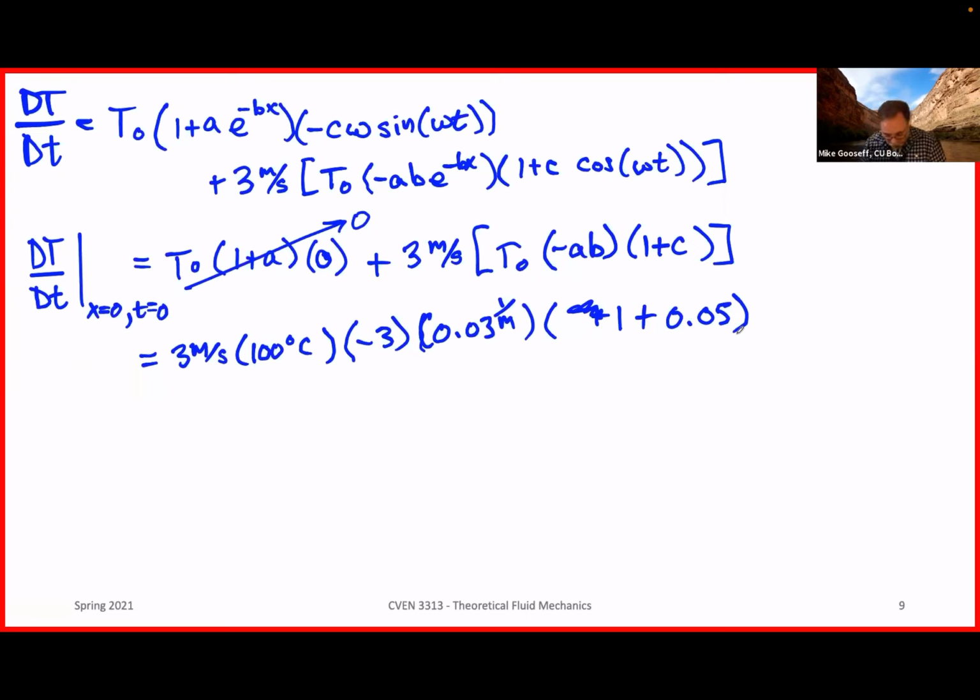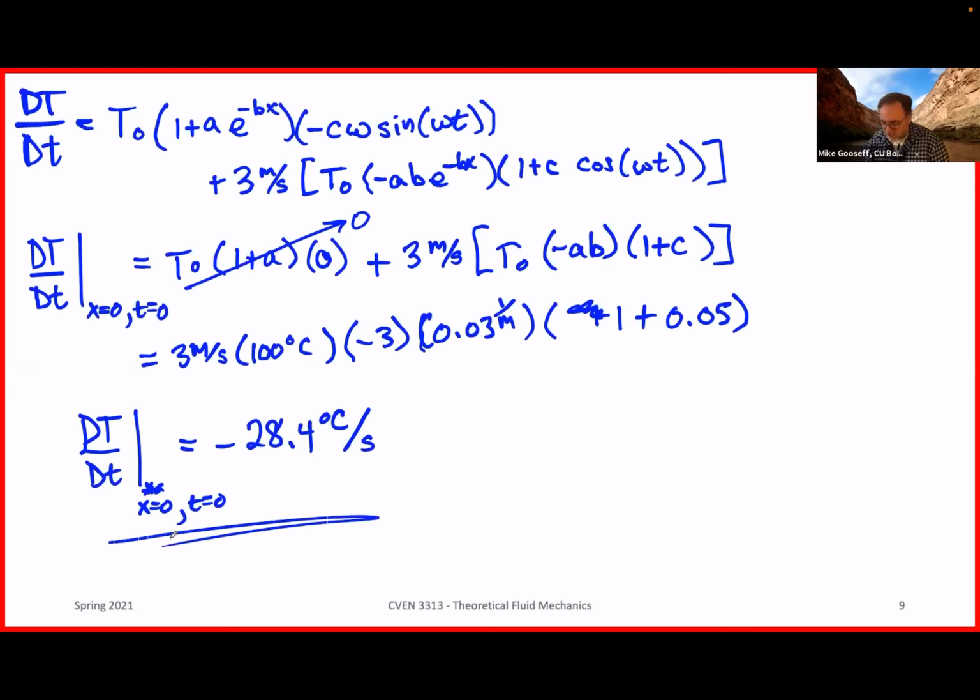So all of that comes down to change in temperature with time at x equals 0, t equals 0 is equal to minus 28.4 degrees C per second. Oh no, these meters canceled with these meters, the per second stayed in there, and there's the degree C. So the units all check out as well, okay?